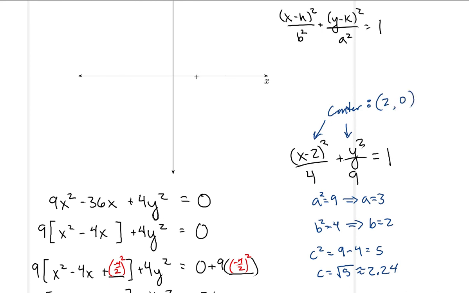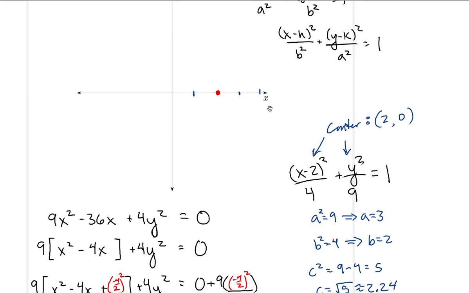So as I graph this thing, let's see, we'll make tick marks about like that. So here's the center right here at 2, 0. Okay. And then my a goes off of the center 3, and so that will give me my vertices. So we'll go 1, 2, 3 up from center, 1, 2, 3 down from center.